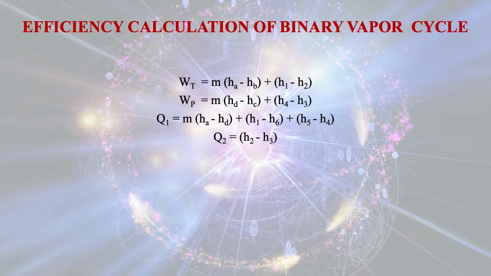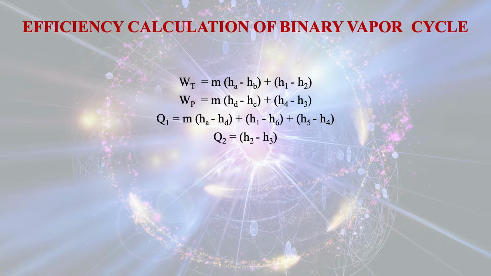Here you see that the first term in the right hand expression of WT is m multiplied by (HA minus HB), that is the work done by the mercury turbine, and the second part, that is H1 minus H2, is the work done by the steam turbine.